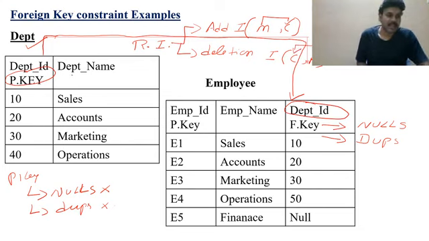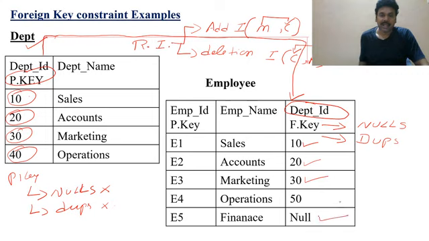As far as our concentration is concerned, 10 is a valid primary key value. It's all non-violated. Why? Because no nulls and no duplications. And let us look into the child. This 10 is available in master, so therefore it is correct. 20 also correct, 30 also correct, and null is correct.